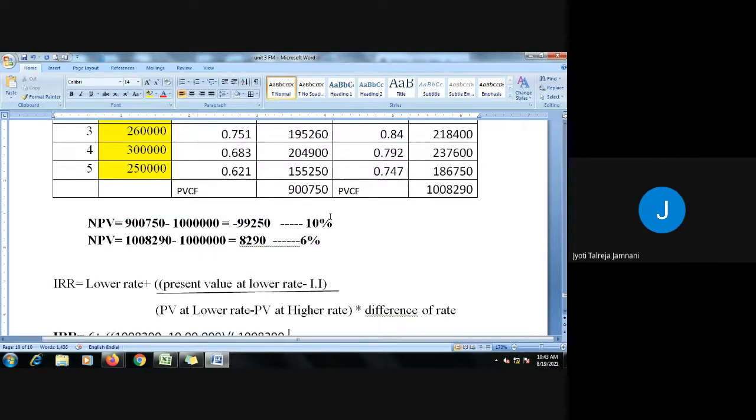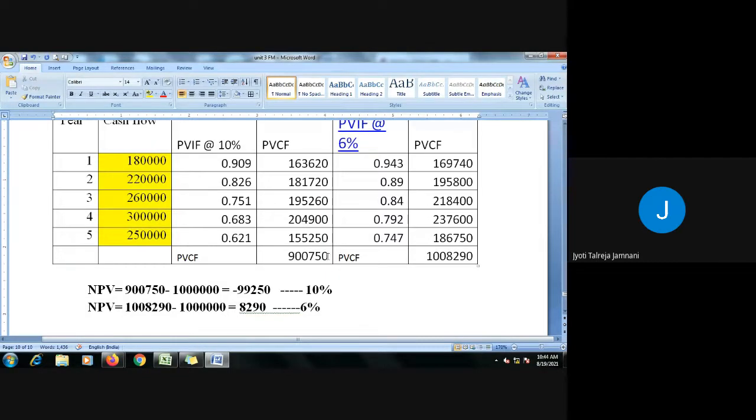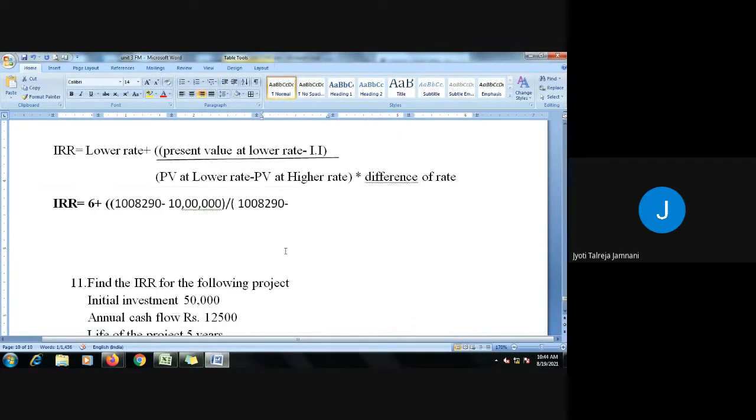Higher rate was 10%. So at 10%, the present value is 9 lakh 750. Take that. And this we have to multiply with the difference of rate. The difference of rate is 10 minus 6.